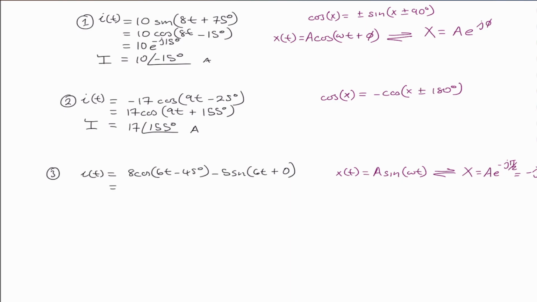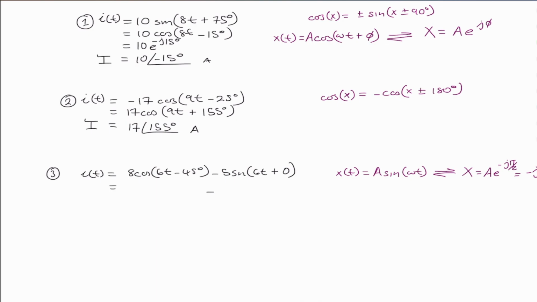So we could do that, or we can just work on the cosine part of this. So we can say we have a minus sign, so we can use our trig identity and convert that to a cosine, because we can use our following identity. So we have a minus sign, and our angle in this case, we're going to call our angle a positive angle. So we're going to minus 90.